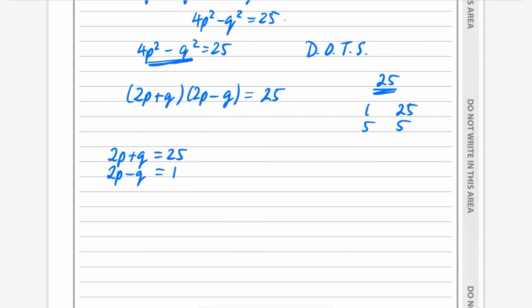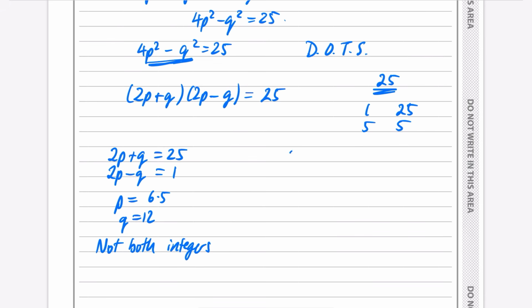I'm just going to be very lazy and solve it on my equation solver, in the simultaneous. That gives you that p is equal to 6.5 and q is equal to 12. Well, that can't be good, right? That doesn't work because this has no integer solutions, so not both integers.